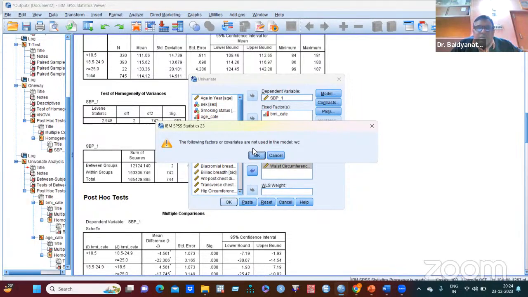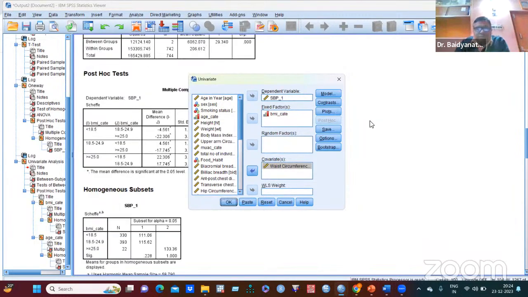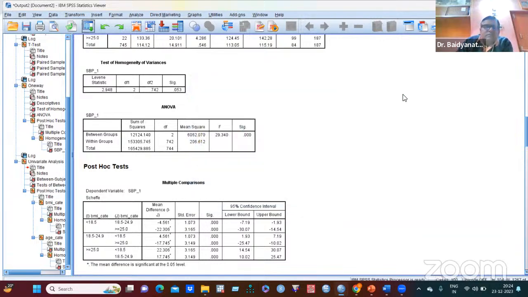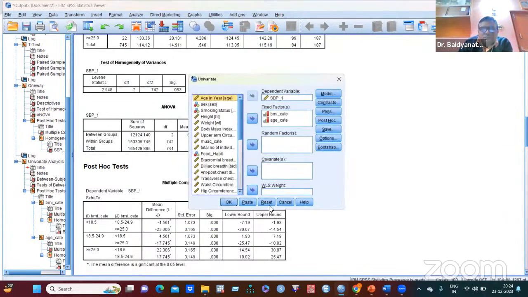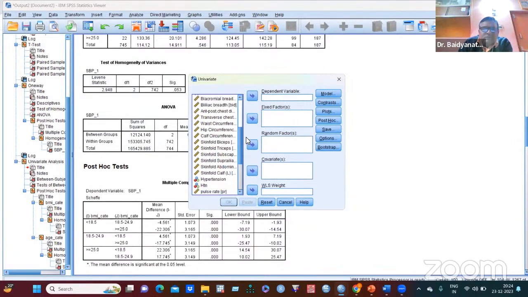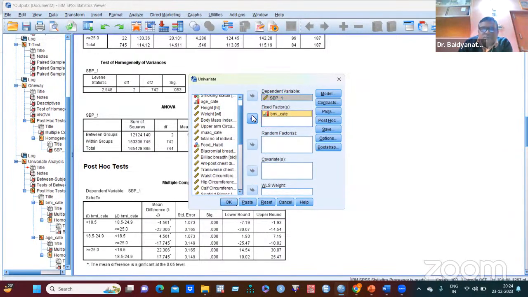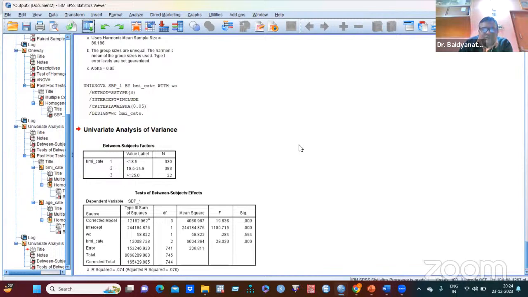The following factors or covariates are not used in the model. Why not? Okay.